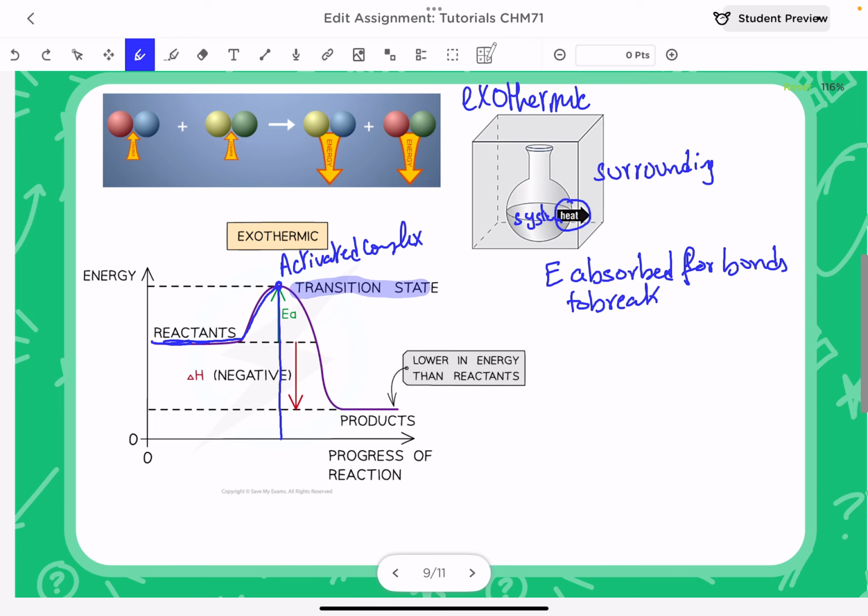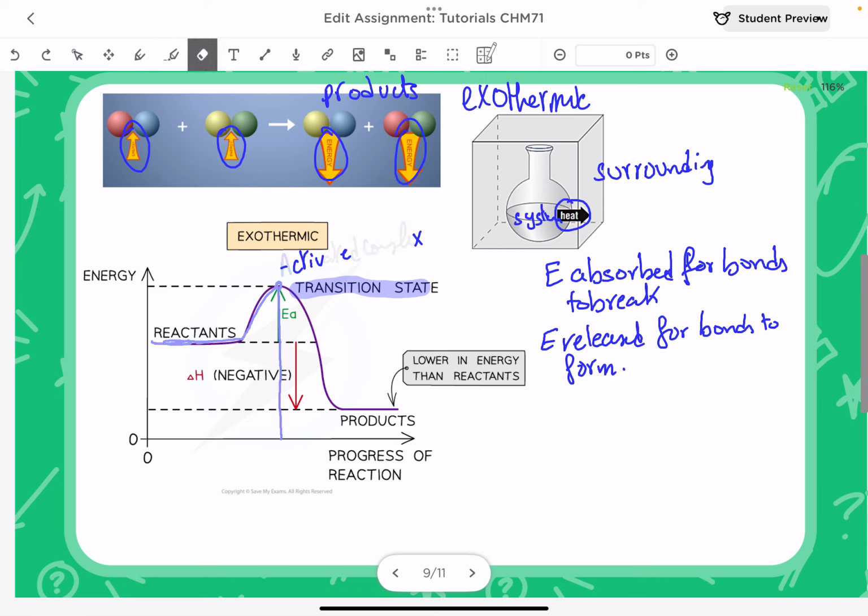Now, in forming the products, energy is released for bonds to form. So, reactants absorb energy, they break their bonds, and then upon forming the bonds in the composition of products, energy is released.